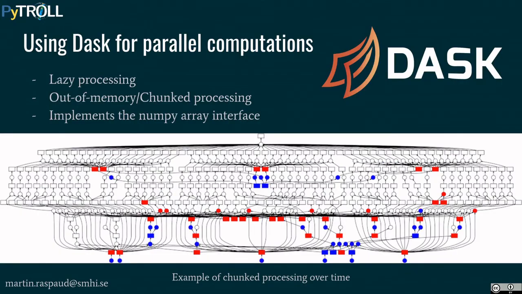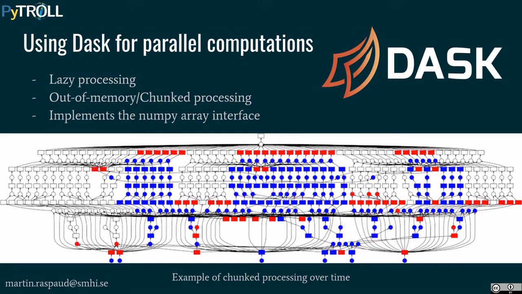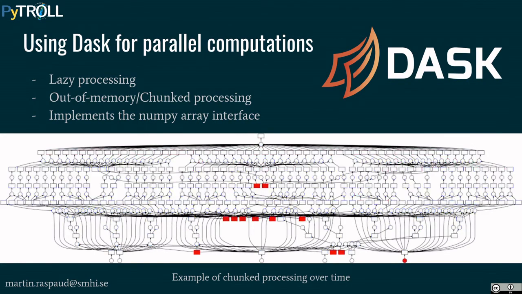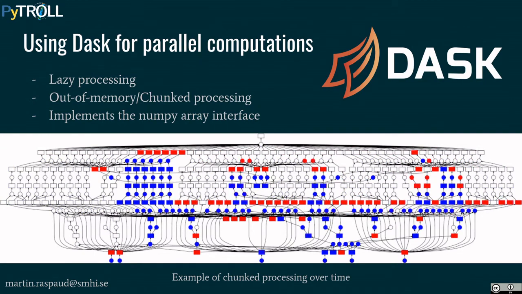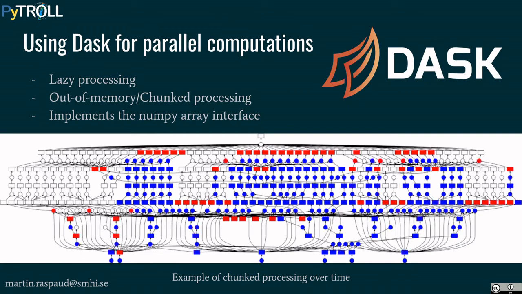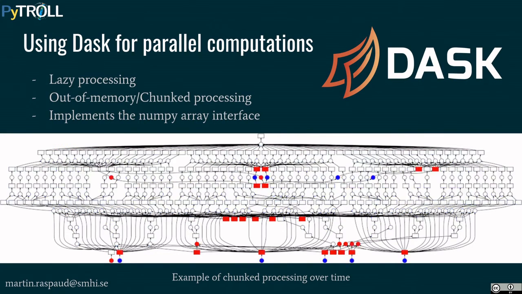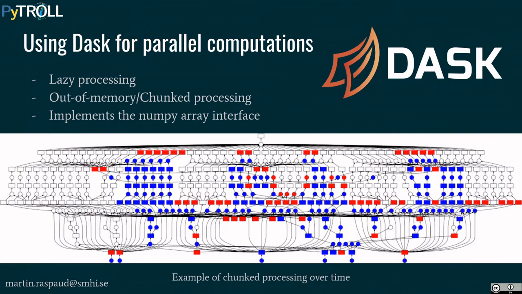In order to perform parallel computations in Satpy, we are using the Dask library. Dask provides several aspects that are very interesting for Satpy. The first one is that it allows for lazy processing. Nothing is computed until you actually request the data to be computed. Another aspect that is very nice is the out-of-memory or chunked processing.